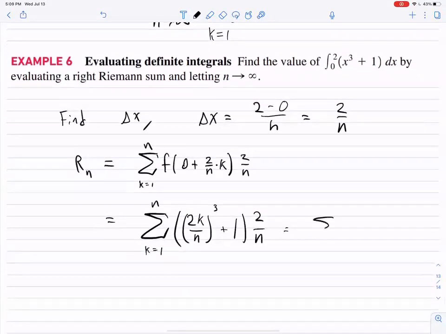This will be the sum from k equals 1 to n. That 2 over n will distribute. So it'd be 16 k cubed over n to the fourth, plus 2 over n.